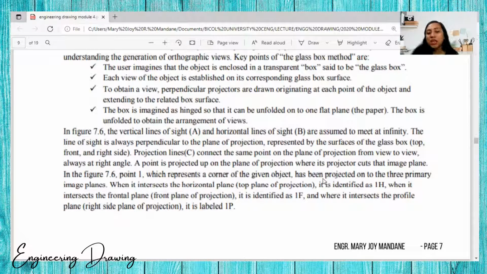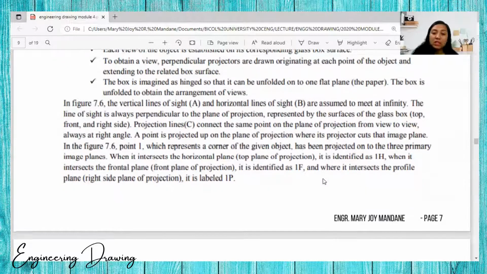And when it intersects the horizontal plane, top plane of projection, it is identified as 1H. When it intersects the frontal plane of projection, it is identified as 1F, and where it intersects the profile plane, right side plane of projection, it is labeled 1P.